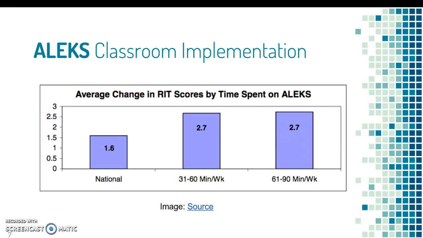These RIT scores in my district are used to determine if students are making growth throughout the year. And obviously, by the implementation shown in Laverne's study, students are making more than national average growth. That proves that students make more growth through this product in regards to the MAP test, which is exactly what my students are tested on.